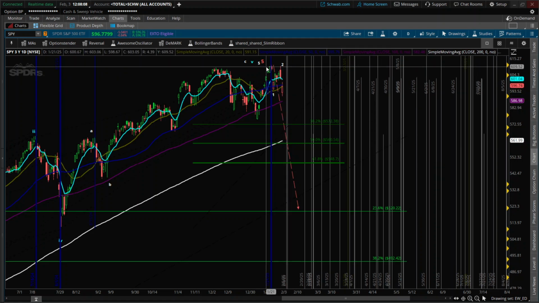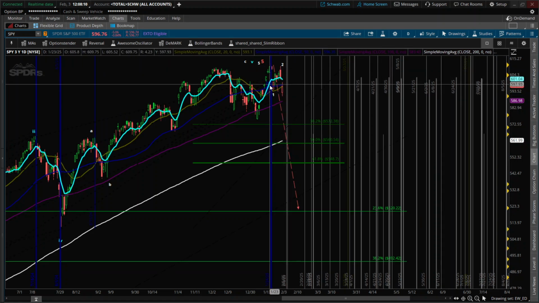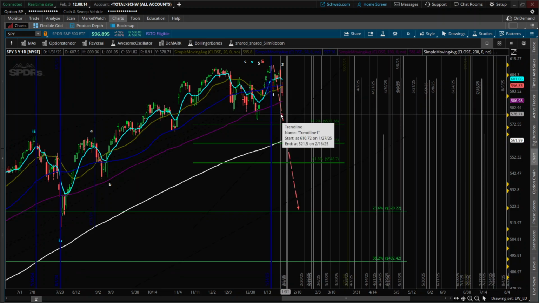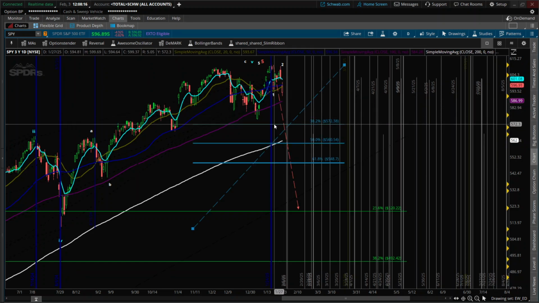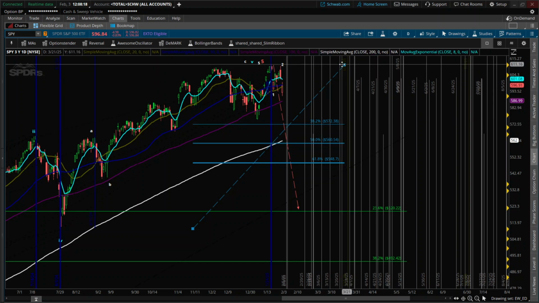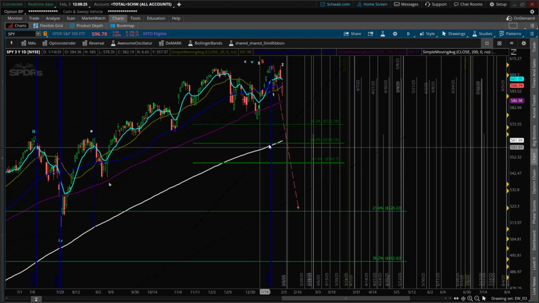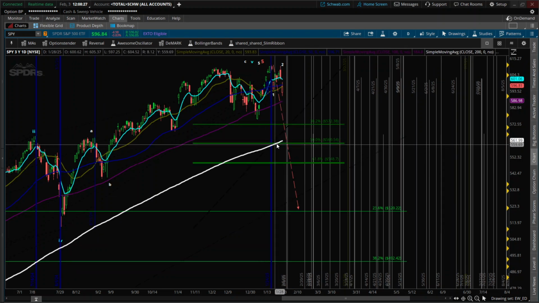Right now there's two ways that we can look at this, and I'll do it just briefly on this time frame. We're looking at the 50% retracement being the key point, the middle of the range where the 200 moving average is.